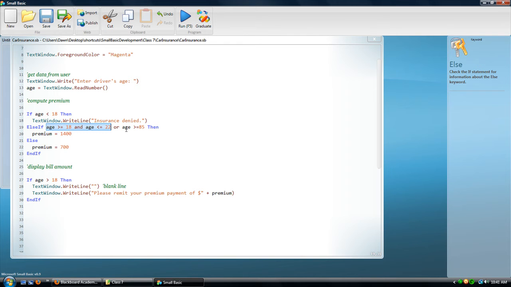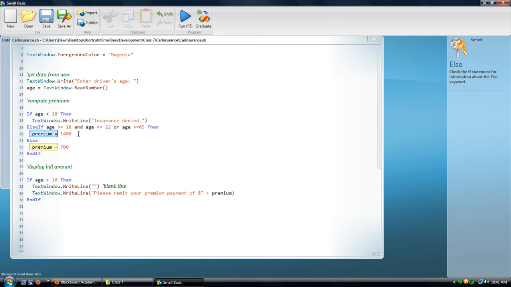And then we say, or, in the case of the really old drivers, greater than or equal to 85, that will isolate the group of elderly drivers. A lot is going on here, but if you pick it apart piece by piece, it's not too much of a stretch to understand, as long as you have gotten comfortable with your relational operators, the greater than, the less than, and so on. Which is why it's important to know those.